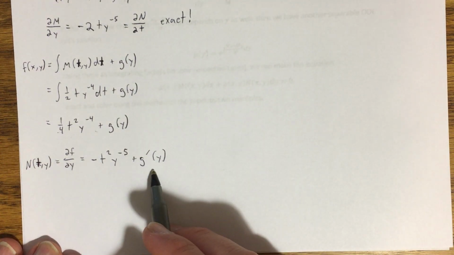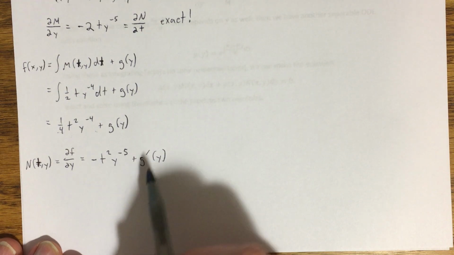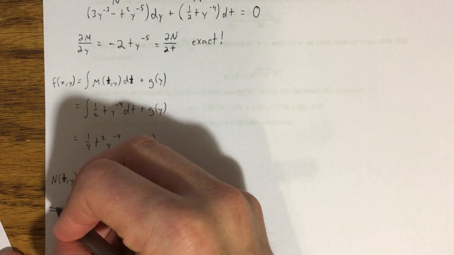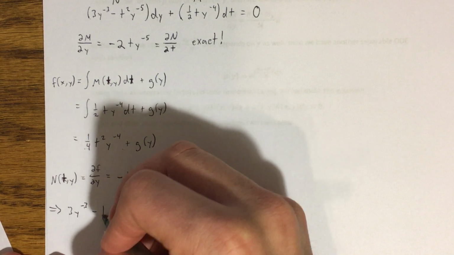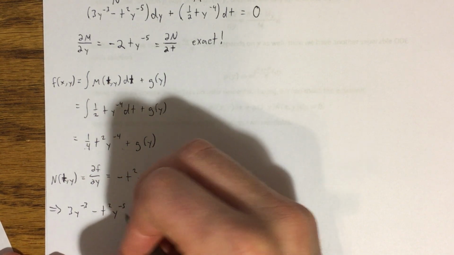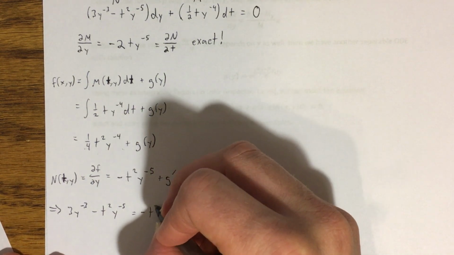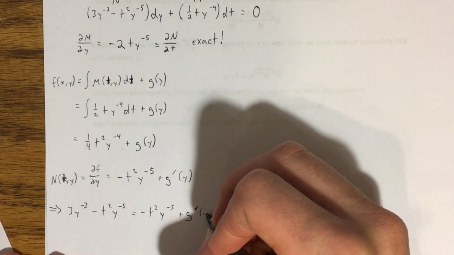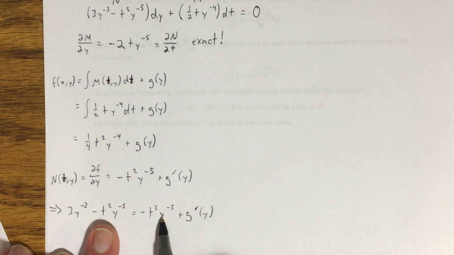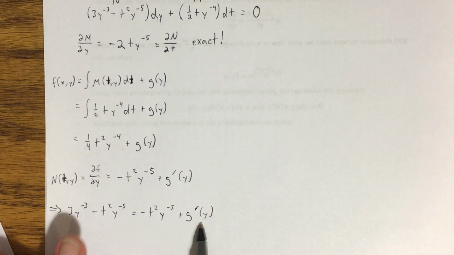This I want to compare to what I actually know n to look like, and we wrote n up here. So this implies that 3y to the negative third power minus t squared y to the negative fifth is equal to negative t squared y to the negative fifth plus g prime of y. Notice that these two terms match, so that means that these two terms must be equal.